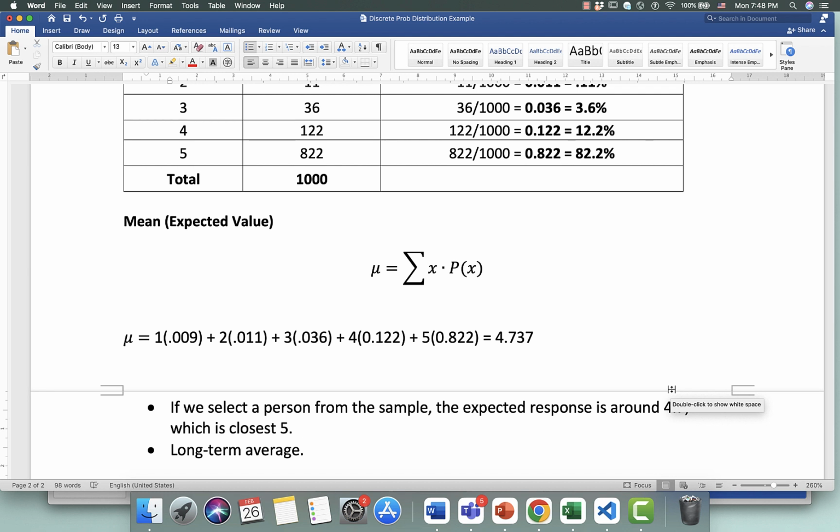We keep a running total of the responses from individuals we observe. The long run cumulative average would be 4.737. So that's the idea of, if we repeat the experiment many, many times, what would be the long run average of the observations? What would be the long run average of the random variable values?